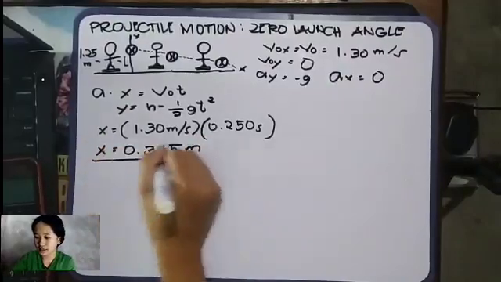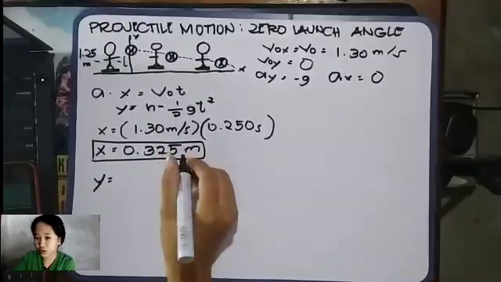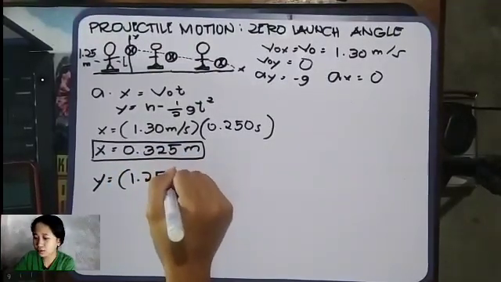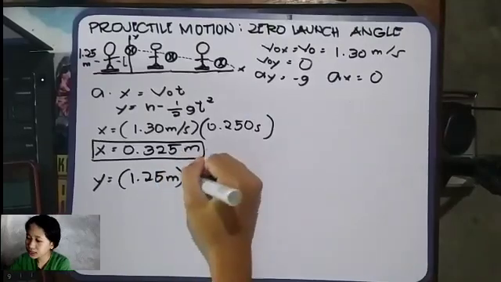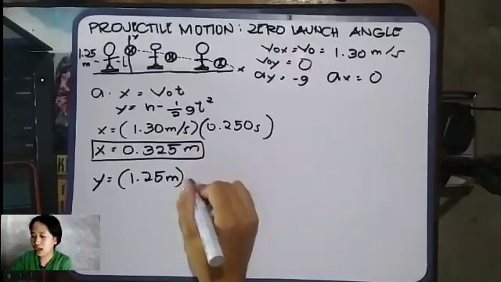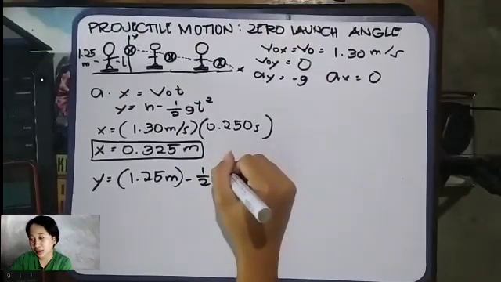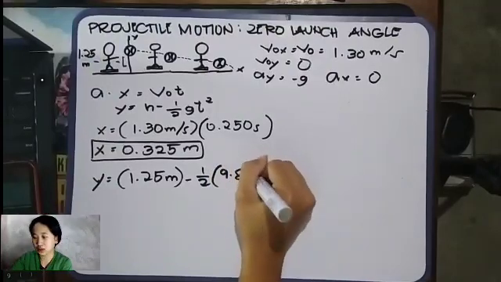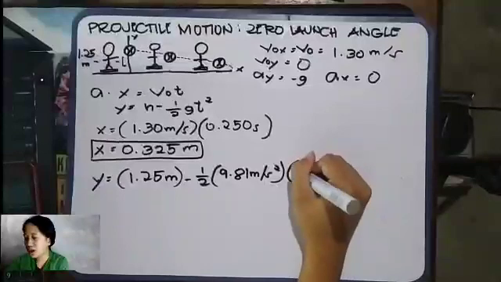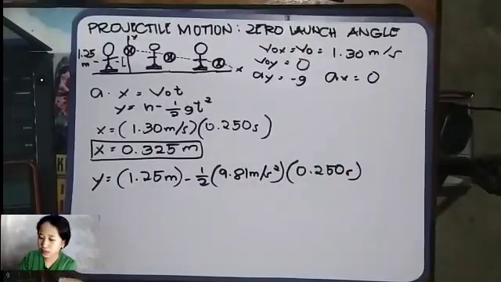Yan sa X. Sa may Y naman natin is height which is 1.25 meter times minus 1/2 gravity, which is 9.81 meter per second squared, times yung time ulit na 0.250 seconds. So, compute lang para makuha.